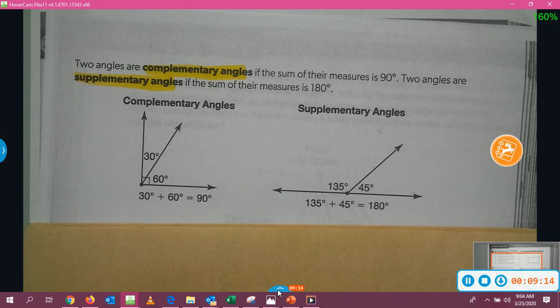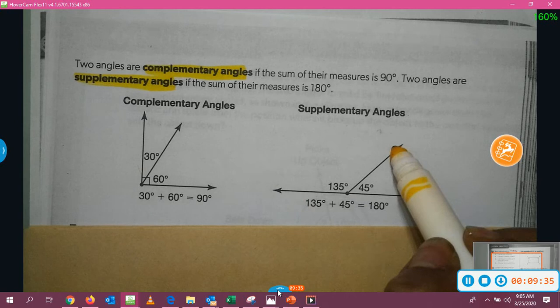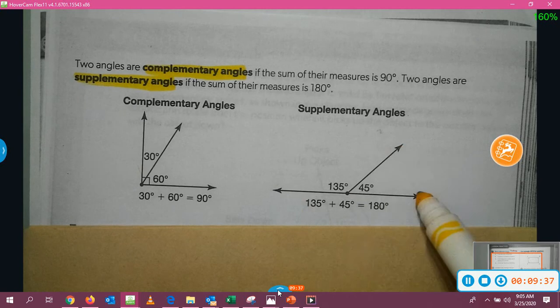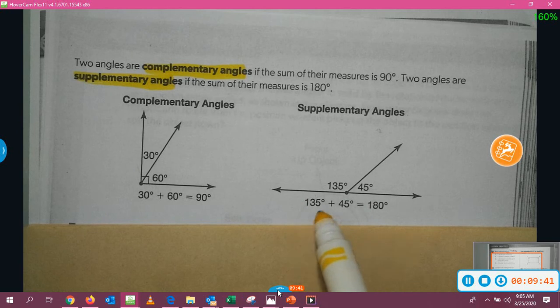So you put two angles together, add them up, and come up with a measurement of 180. That's a supplementary angle. For example, the one they show is on a line, but they also have two angles. This angle right here and this angle right here, put together, is 180. 135 plus 45 is 180.